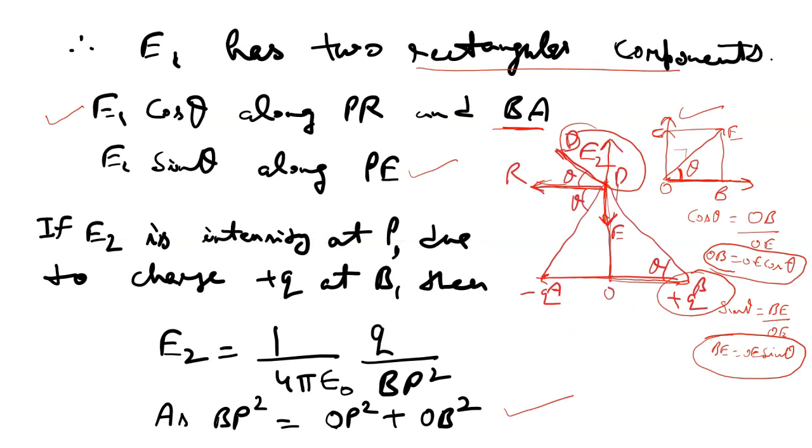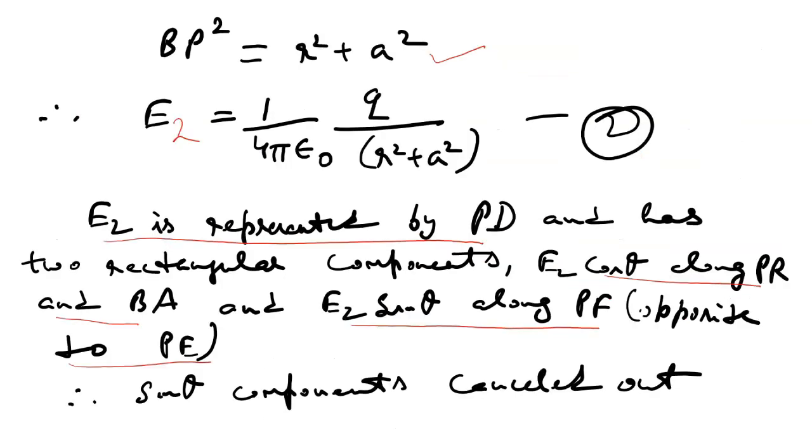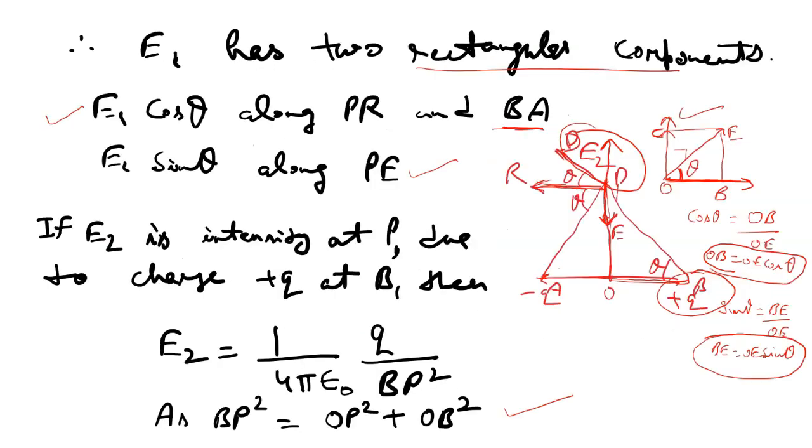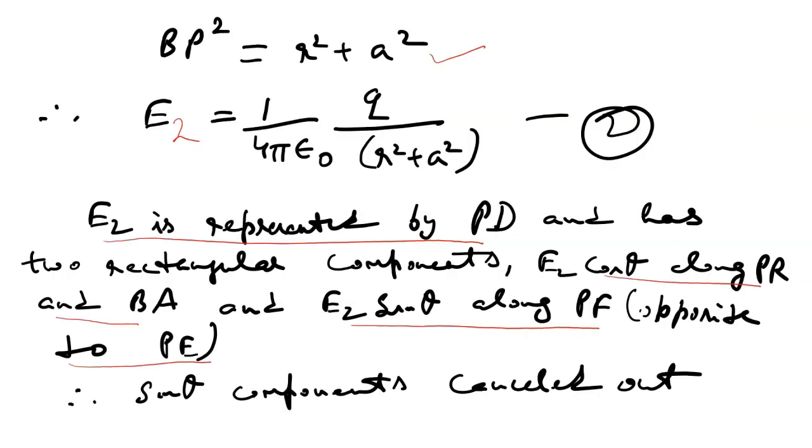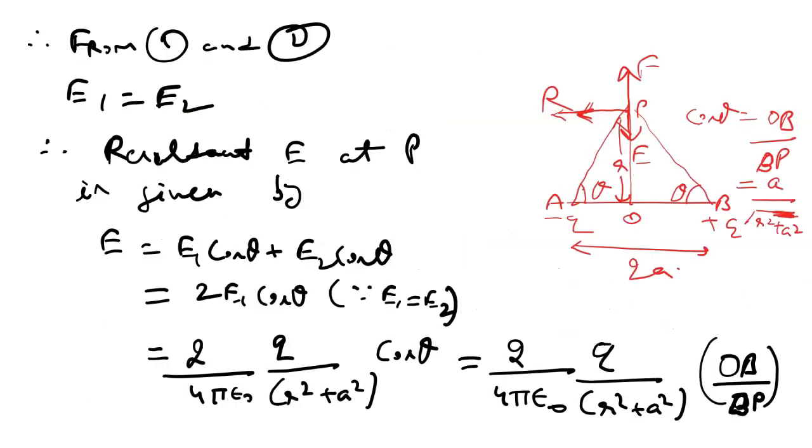Therefore the sin theta components cancel out. From equations 1 and 2, E1 equals E2.